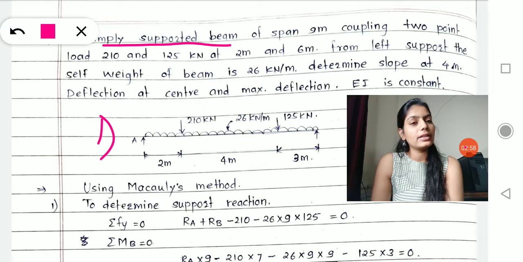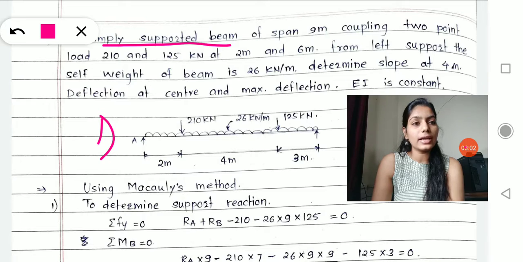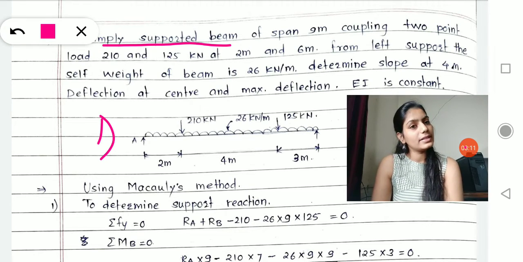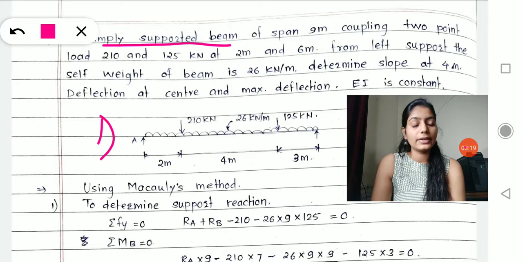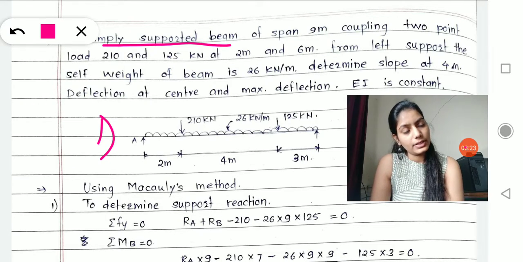Then in the next step you apply boundary conditions and calculate the constant values, C1 and C2. What are those constants? Those are the integration constants. When we integrate our slope deflection equation, we come across constants, and to calculate the constant values you apply boundary conditions.